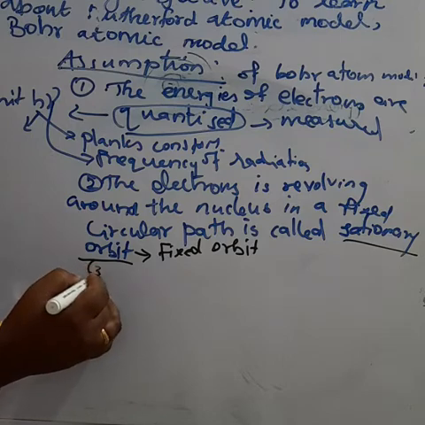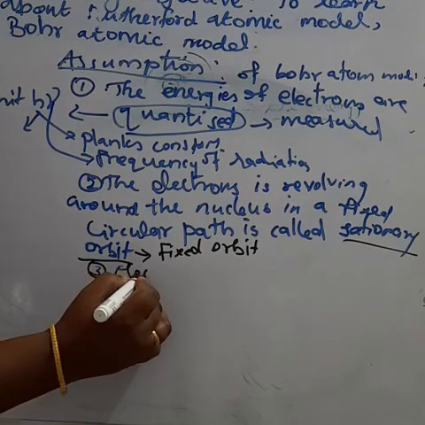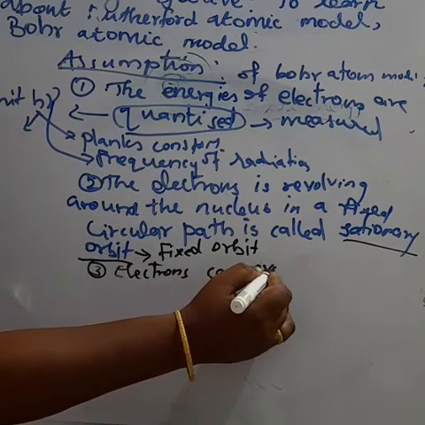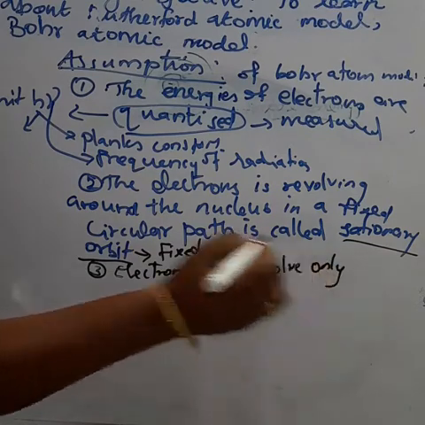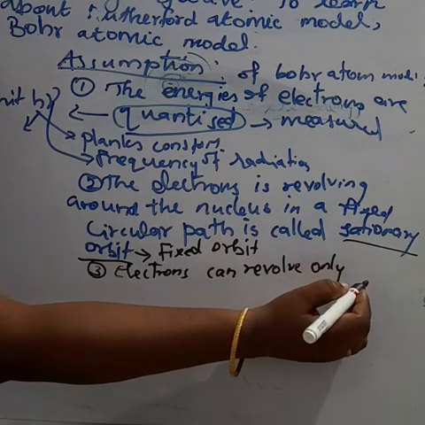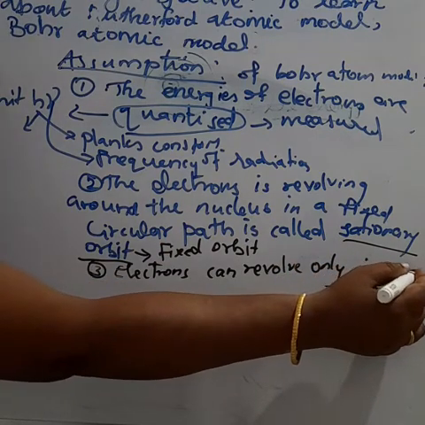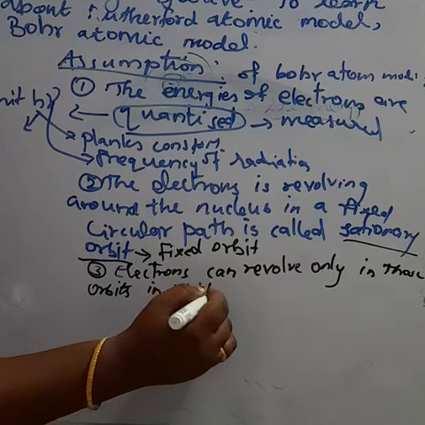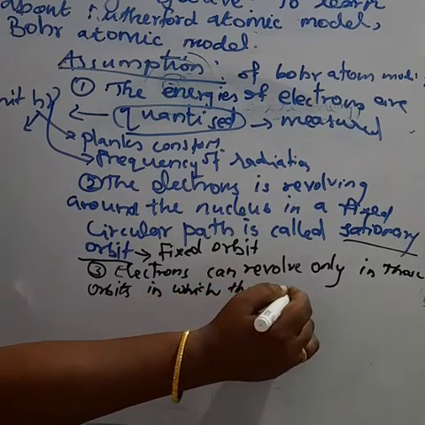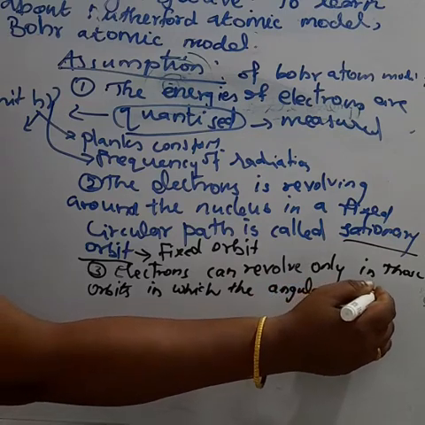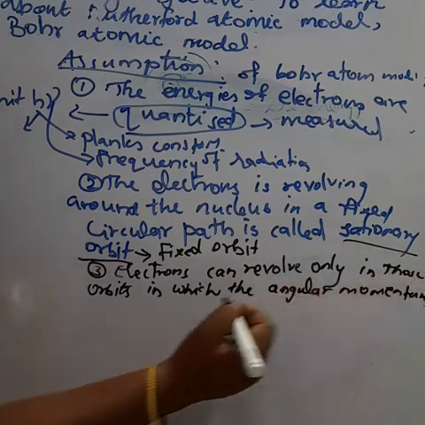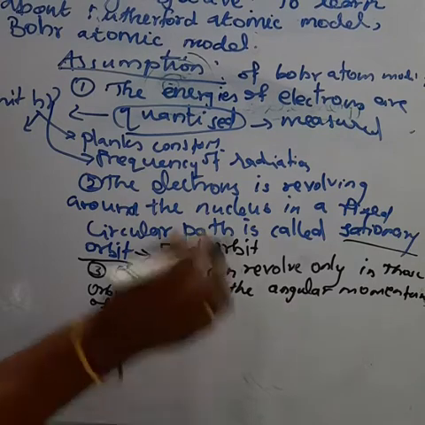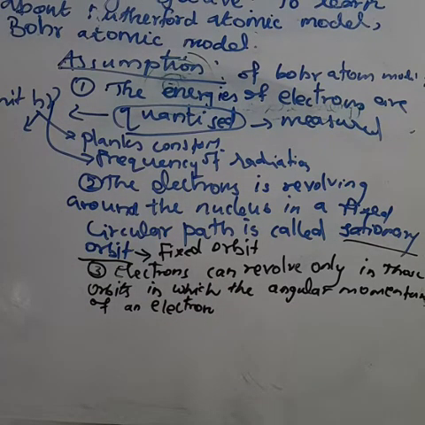The electrons can revolve only in those orbits in which the angular momentum of an electron is quantized.